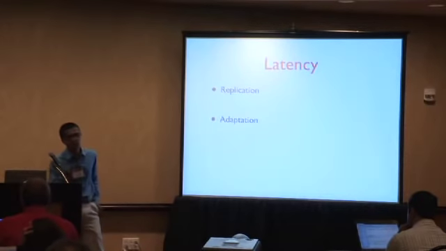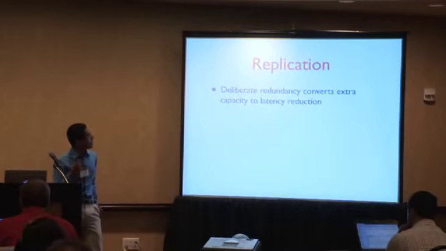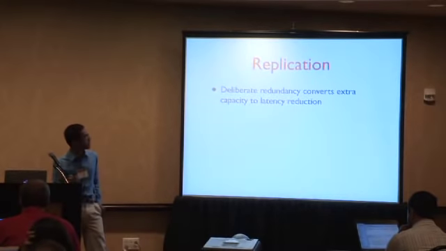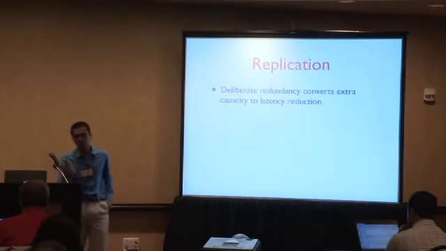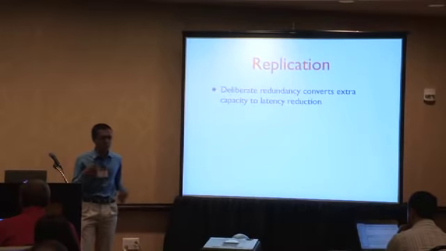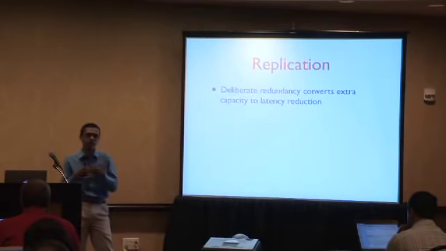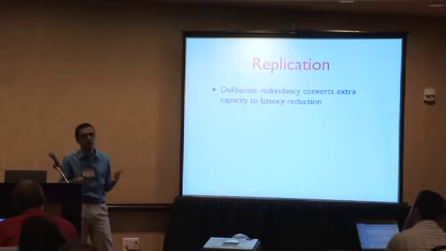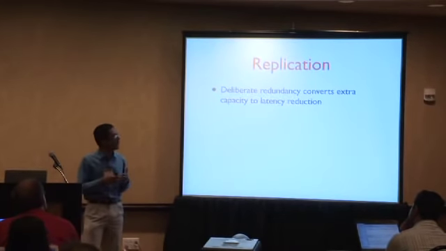Let me start with replication. This is something that I talked about at some length yesterday. The idea essentially is that by sending multiple copies of packets, you can reduce the variance in the delay, in the delivery time distribution. So essentially what this does is convert some amount of throughput or capacity into a latency improvement.